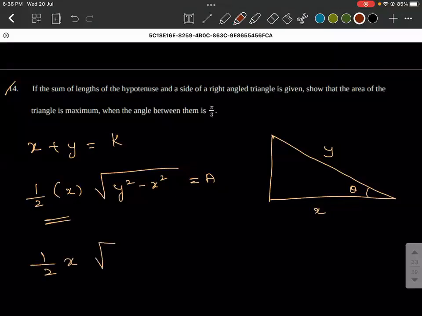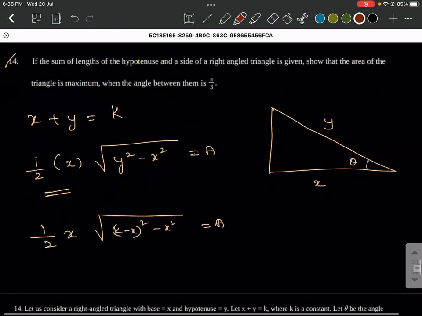So A is half into x into root of (k minus x) the whole square minus x square. Differentiate with respect to x and equate to 0. What should you get? You will get the value of x. Once you get the value of x, try to find the value of y also. Then when you find it, you can take sine theta or something, you will get the answer.